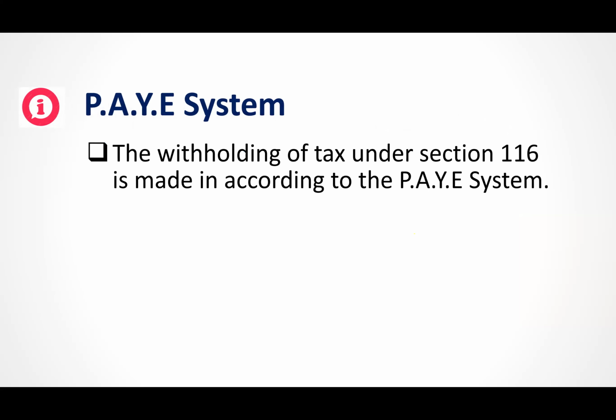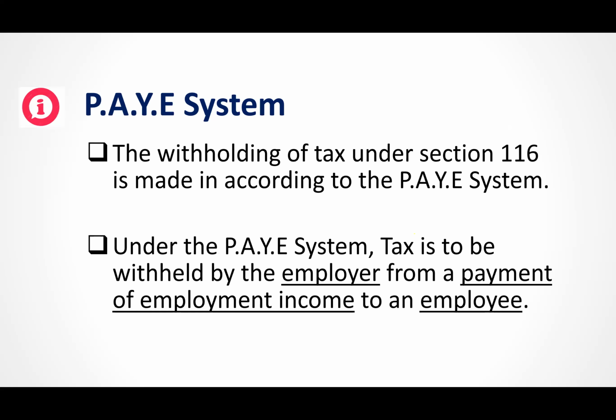So what is this pay system? The pay system is established by the Income Tax Act. It is legally enforceable. And of course, the withholding of tax by your client, the employer, must comply with this system.